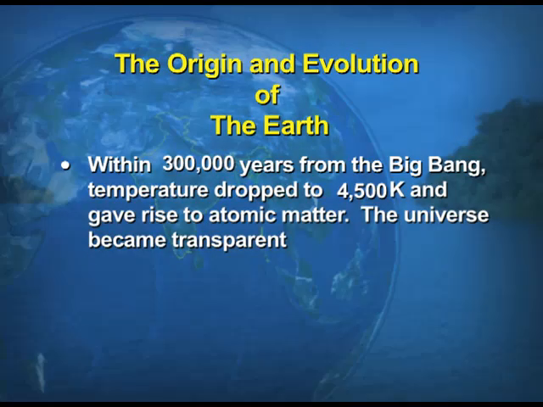It considers that all matter forming the universe was initially in a tiny ball, a singular atom with an unimaginably small volume, infinite temperature and infinite density. Within 300,000 years from the Big Bang, temperature dropped to almost 4,500 Kelvin and gave rise to atomic matter.